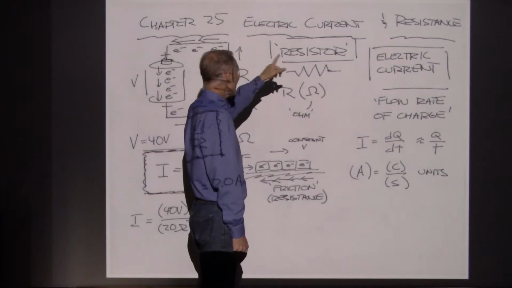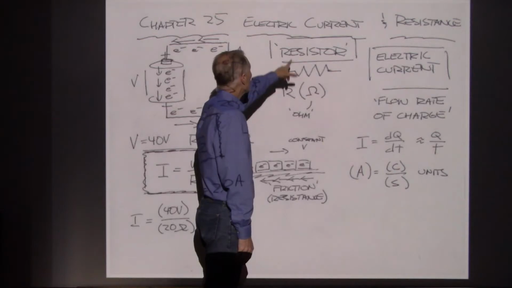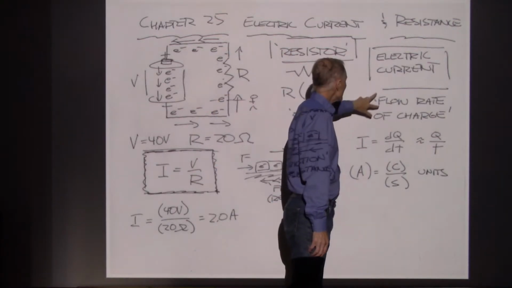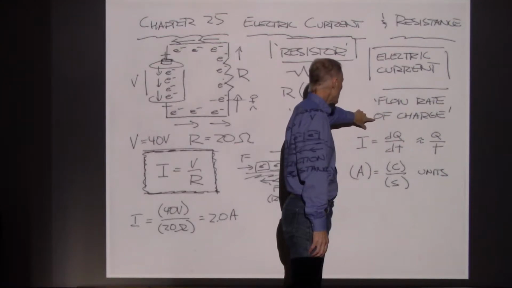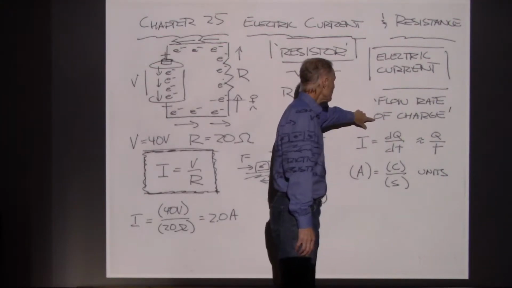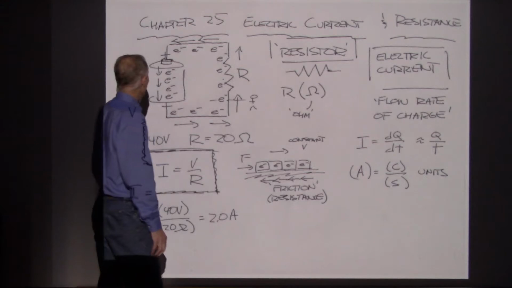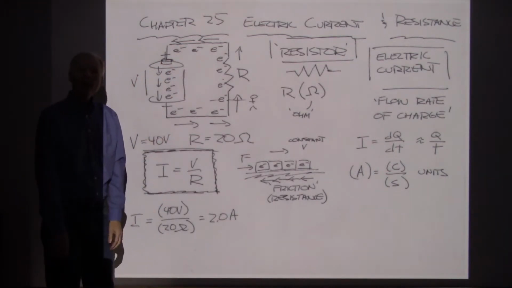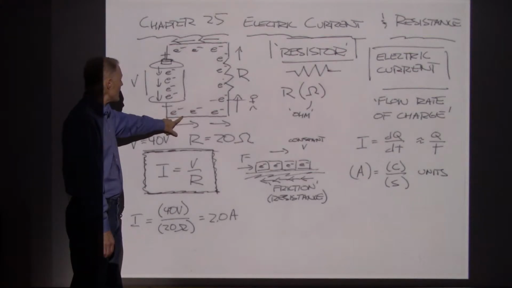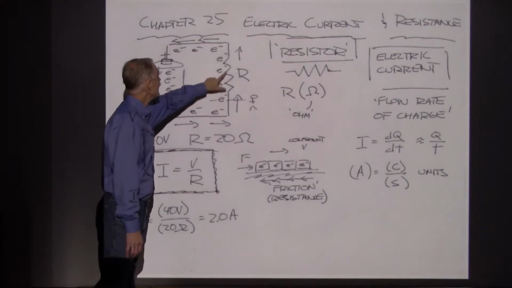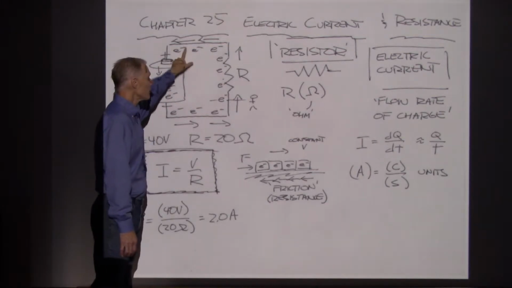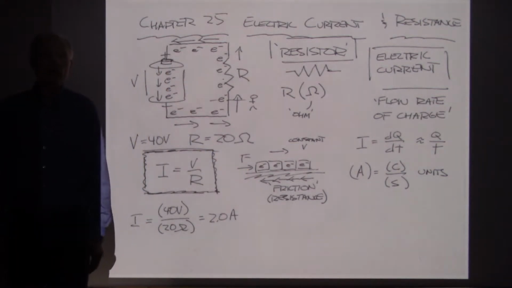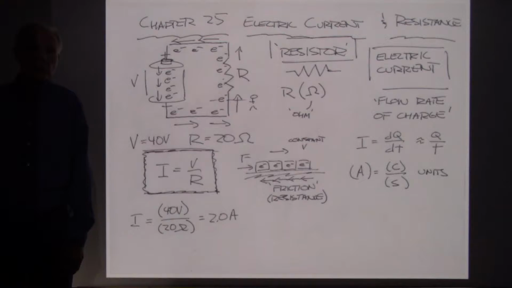Now, if that's resistance, what is electric current? Electric current is the flow rate of the charge through the circuit. Now, what we've just talked about, these electrons making their way through the circuit, how would the flow rate here compare with the flow rate here and here and here? If we understand how electrons are moving along, the flow rates are going to match.